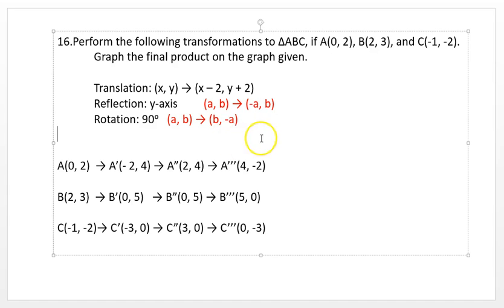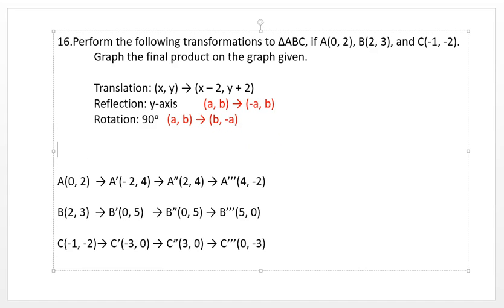What you will be given is something like this right here. You'll be given dilation. I think that's how you spell it. And it'll say scale factor of, let's say, 3.